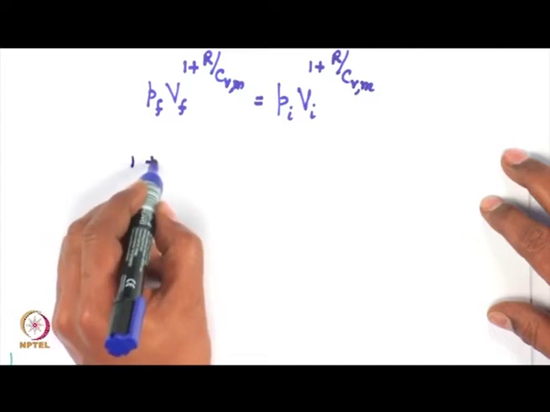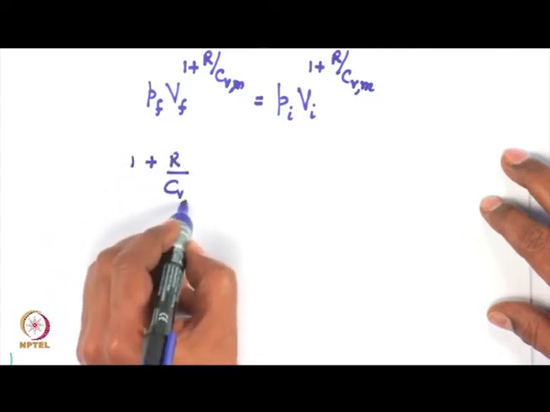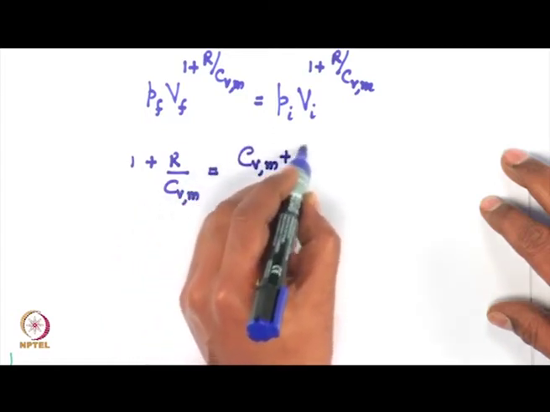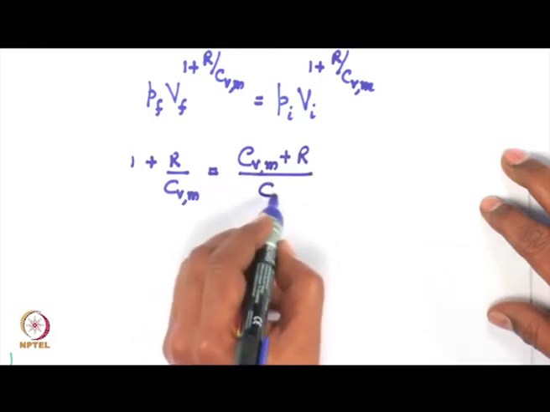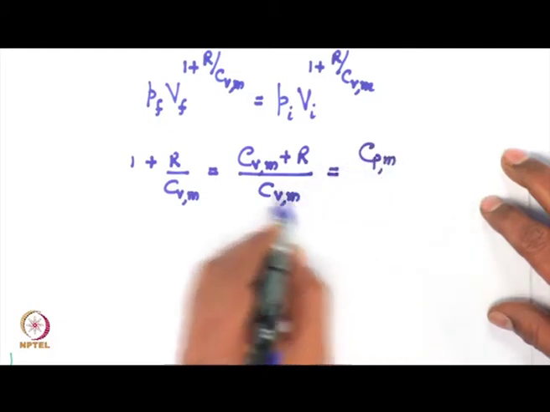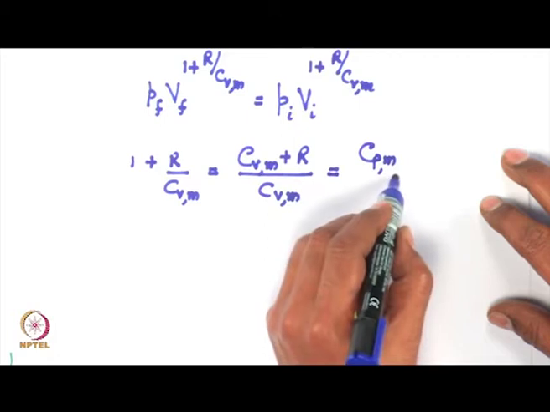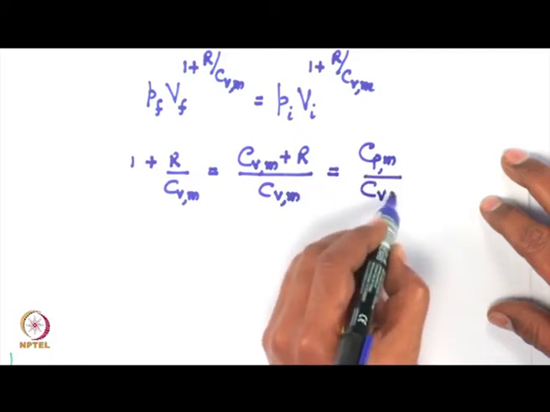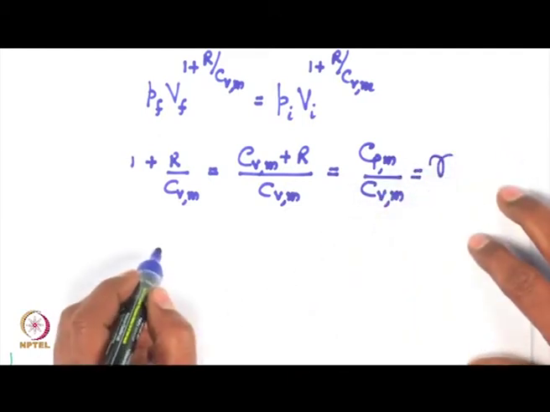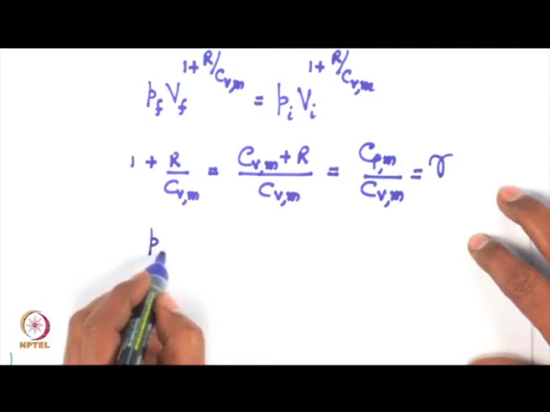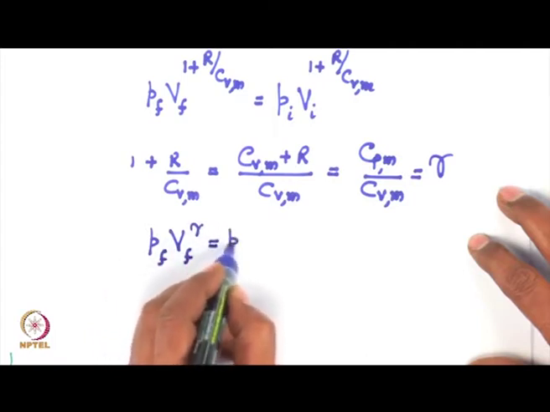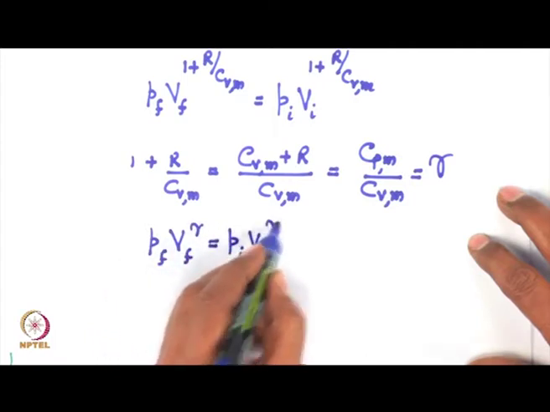Now, 1 plus R by CVm is equal to CVm plus R divided by CVm, and this is equal to CPm by CVm, because CPm minus CVm is equal to R, and I call this gamma. So, therefore, my equation now becomes Pf Vf to the gamma is equal to Pi Vi raised to the power gamma.